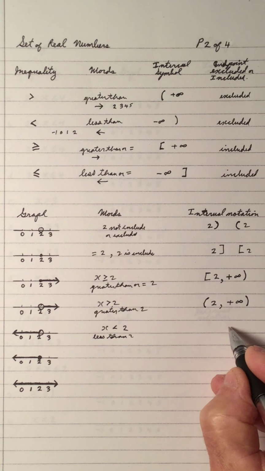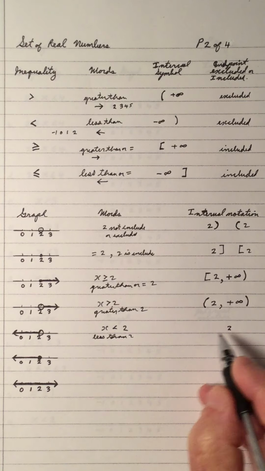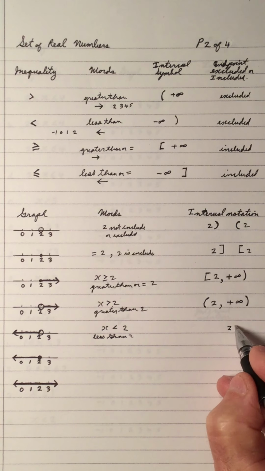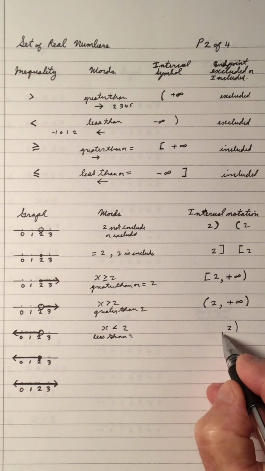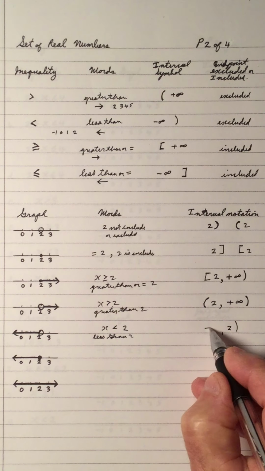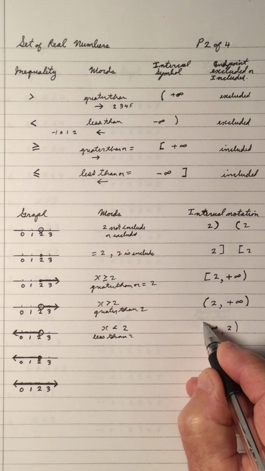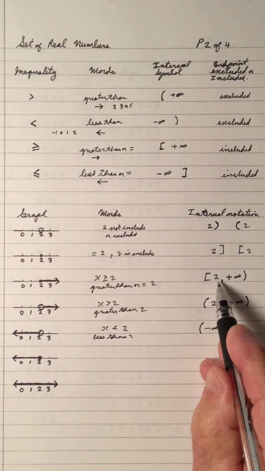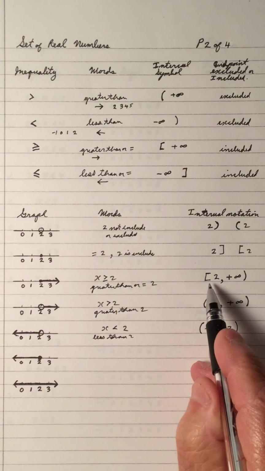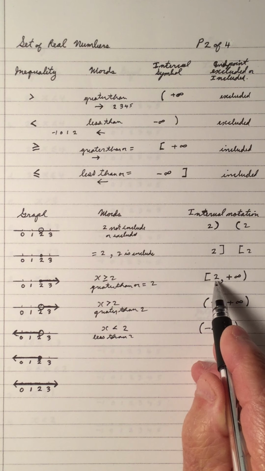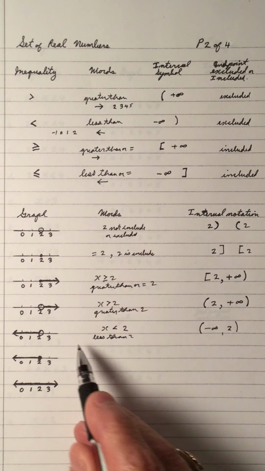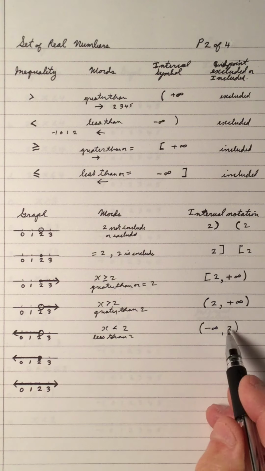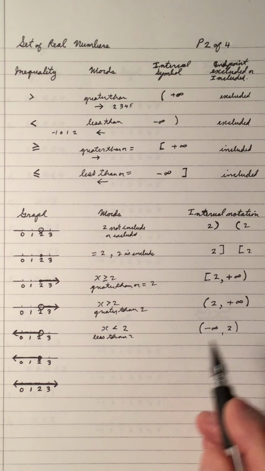Notice it's going to the left, so 2 is on this end, and it's going to negative infinity. And infinity is always open. So notice here, the 2 starts it, so the 2 is on the left with positive infinity. On this one, 2 is on the right, going to negative infinity.